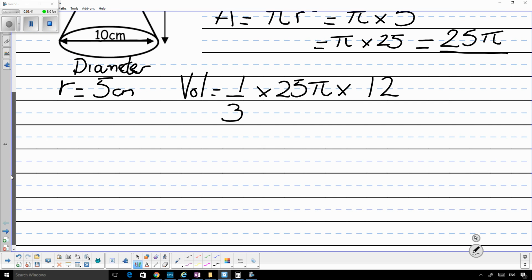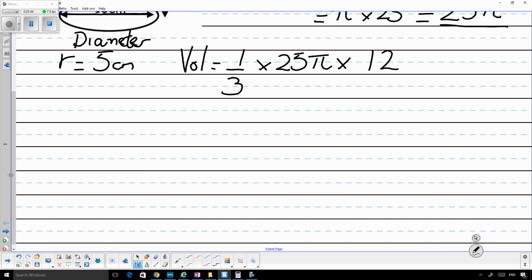We know that we can write multiplication in any order we like, because it's one of the nice things about multiplication. It works either way. 3 times 2 is the same as 2 times 3. So I'm going to put the 1/3 and the 12 together, and then have the 25 pi at the end. I've done that because I know what 1/3 of 12 is.